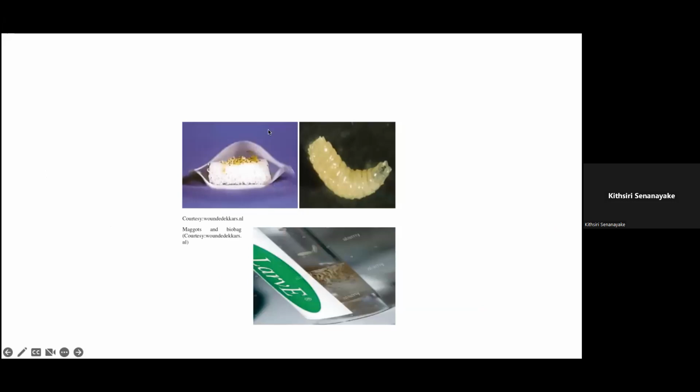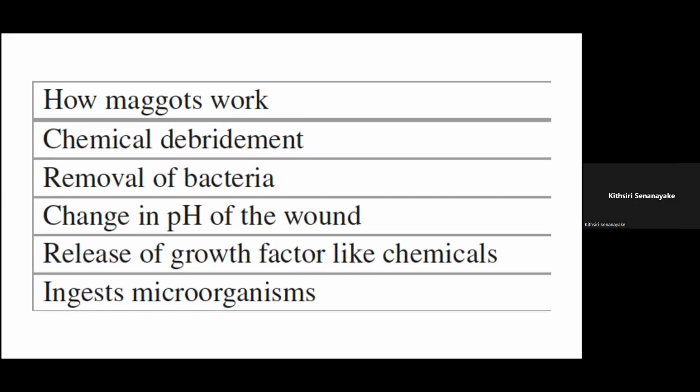There are commercially available packets which you can use. The problem, which I see in our community, is the lack of compliance. It's very difficult to explain to the patients that the worms are going to work for you, and how they are going to work very nicely for the slough and necrotic tissue. What these larvae do is they chemically debride, and also they remove the bacteria, and also they change the pH of the wound.